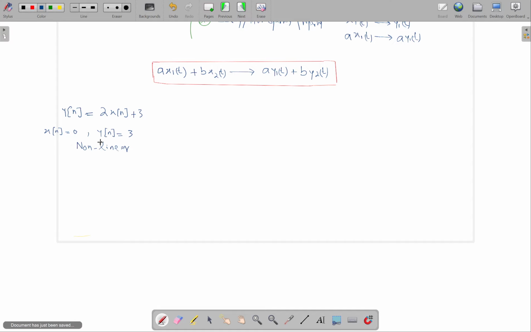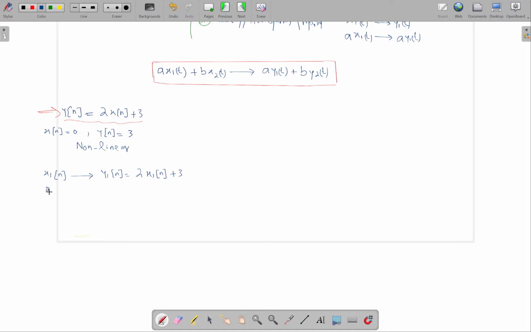Okay, so let's say I didn't want to use the 0 in 0 out property and I want to check it. So let's try to do that now. So let's assume an input x1n. Then for this input, remember your system equation is this one. This is your system equation, okay? So for input x1n, my output y1n is simply 2 times x1n plus 3.